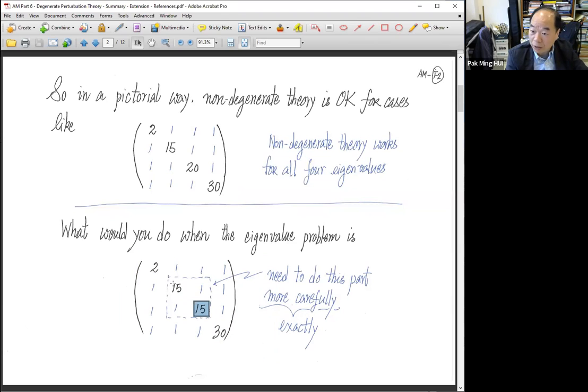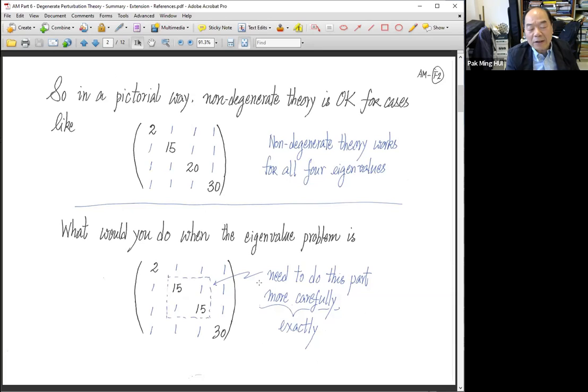That is rather extreme. Even if this is 14.5, you should be worried. So the question is, if you have this situation, how would you get the eigenvalues of this matrix? If you know how to do it, then you don't need to learn separately degenerate perturbation theory.